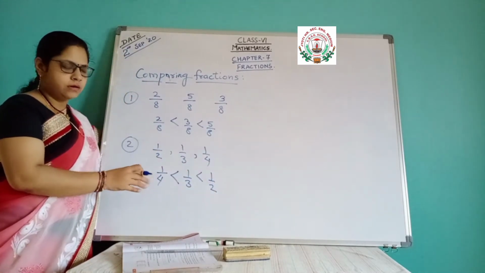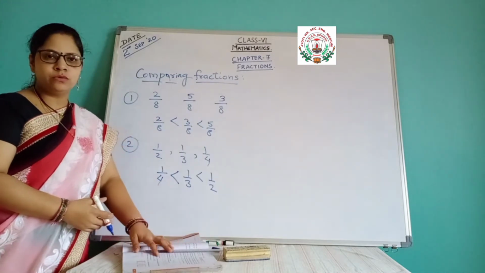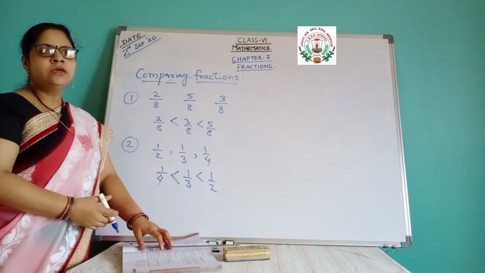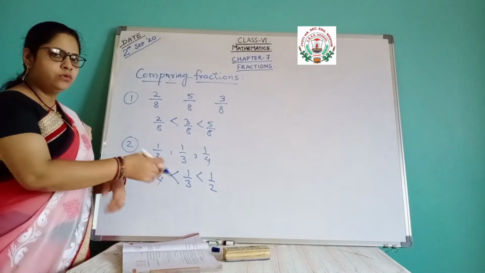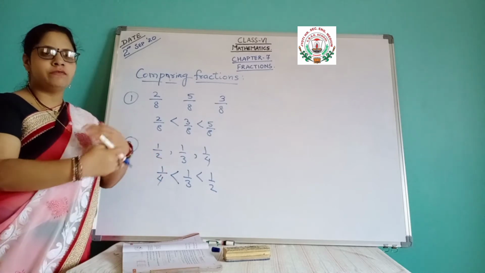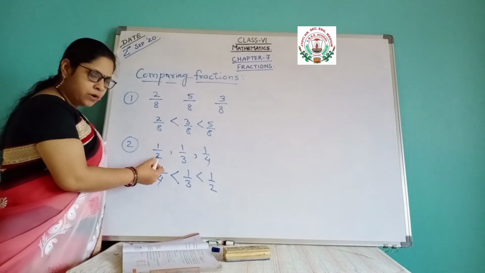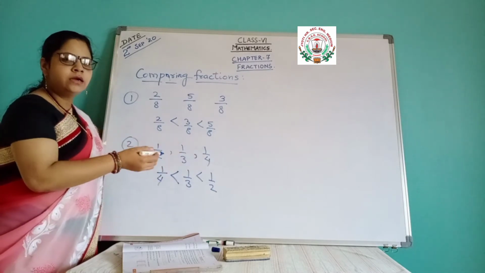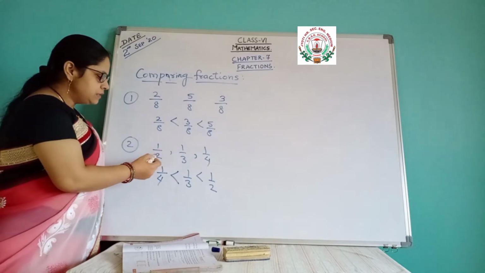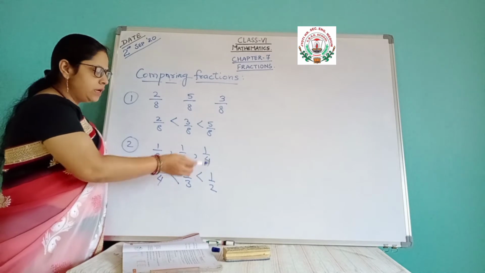This is for understanding. If in an MCQ or any competitive exam you need to tell the answer, just think that it goes in the reverse order. How? 2 is smallest, then 3, then 4. So if it is in the denominator, it will go in the reverse order. Now 1 by 2 will become the greatest one, then 1 by 3 and then 1 by 4.